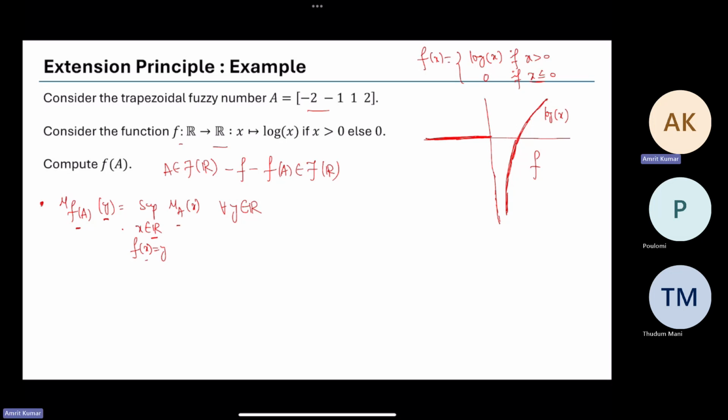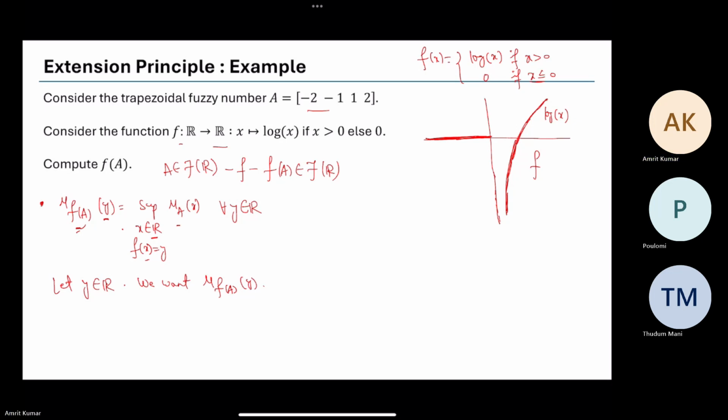Now, let us evaluate this case by case. So let us take a real number y and we want the membership of y in f of a. This is what we want to compute.